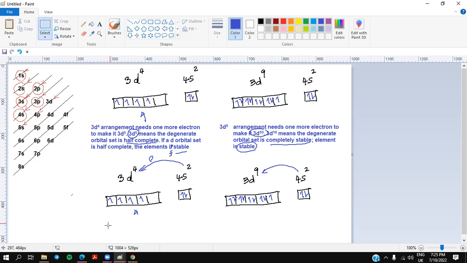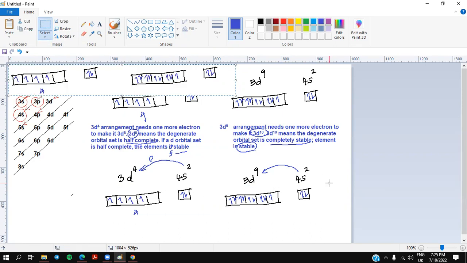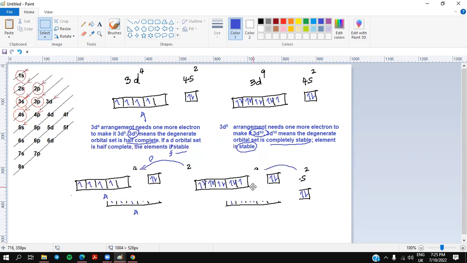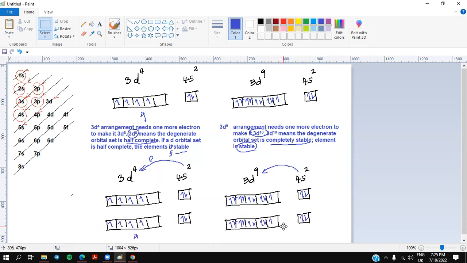If you take that electron, the electron arrangement changes. Here we get 5 electrons, here we get 10 electrons, and this electron goes out. This electron also goes out. This one is stable.